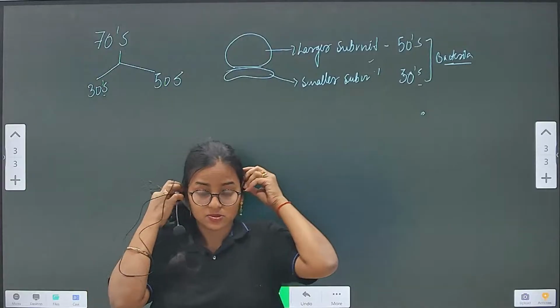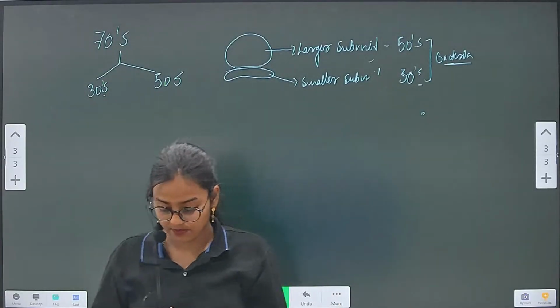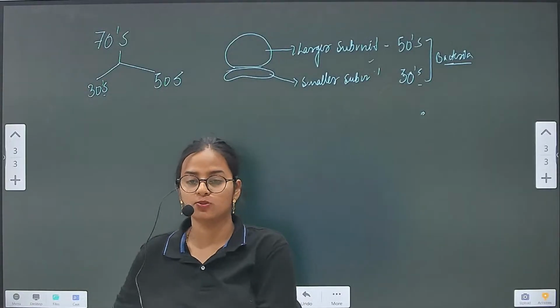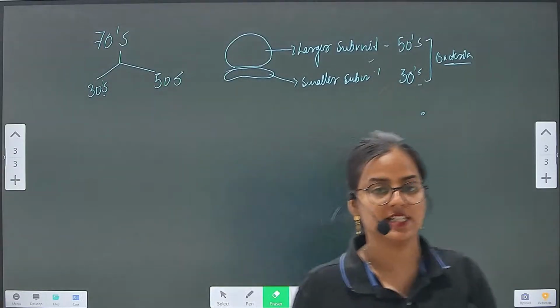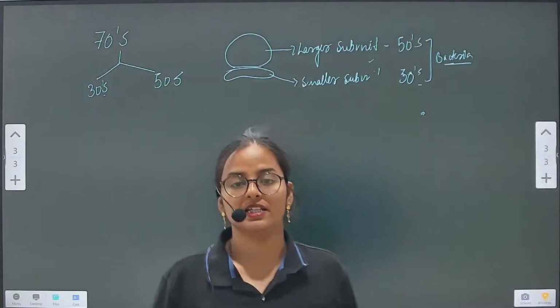Hello students, so let us resume our class again. Okay, so we have already talked about mesosomes, if you remember, and the rest we are going to do now about other cell membrane extensions.